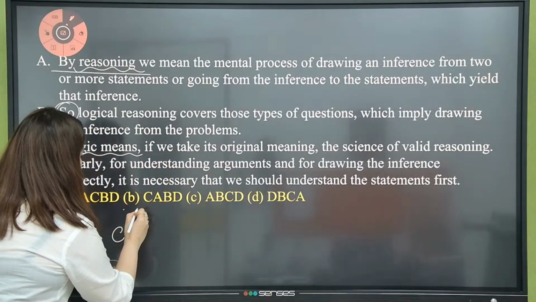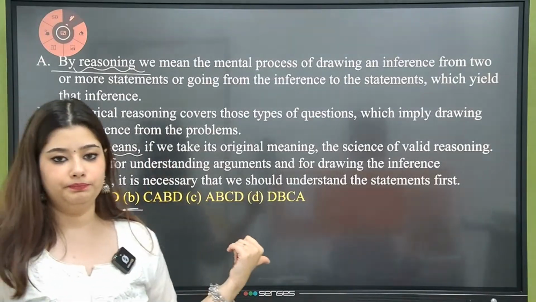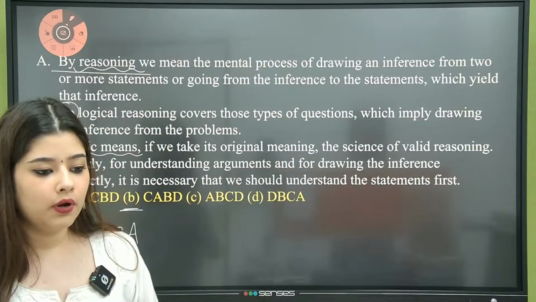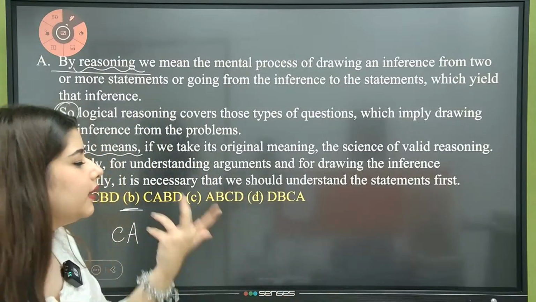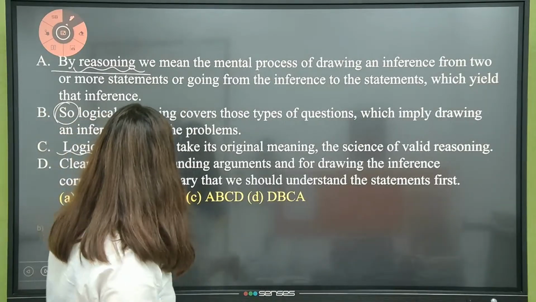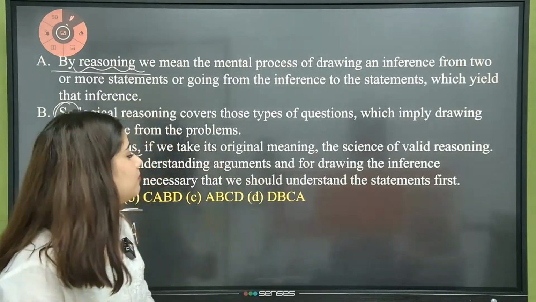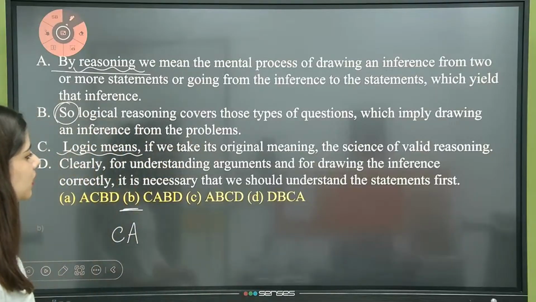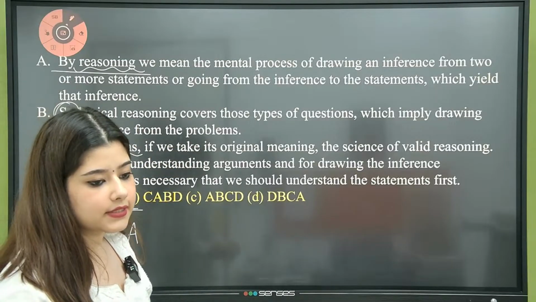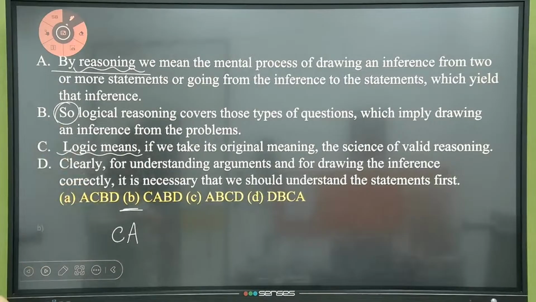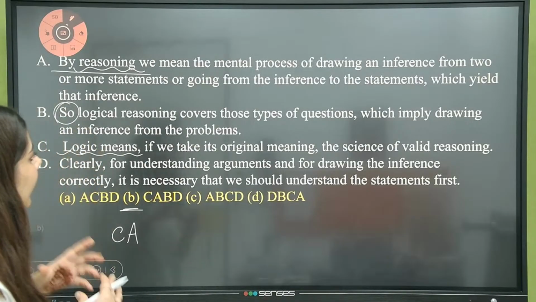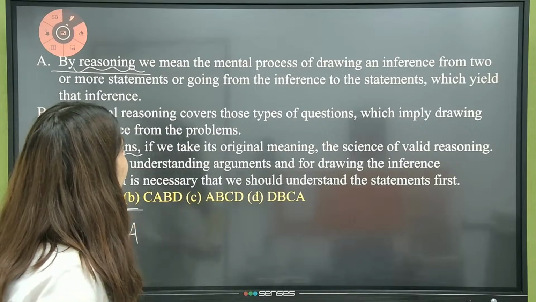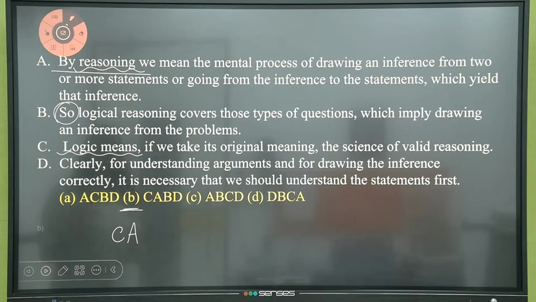And option B, right? I don't even need to delve deeper into this question, but we will. We will try to see if B and D after C and A make sense or not. So C says logic means, if we take its original meaning, the science of valid reasoning, and then by reasoning we mean the mental process of drawing an inference from two or more statements, or going from the inference to the statements which yield that inference.